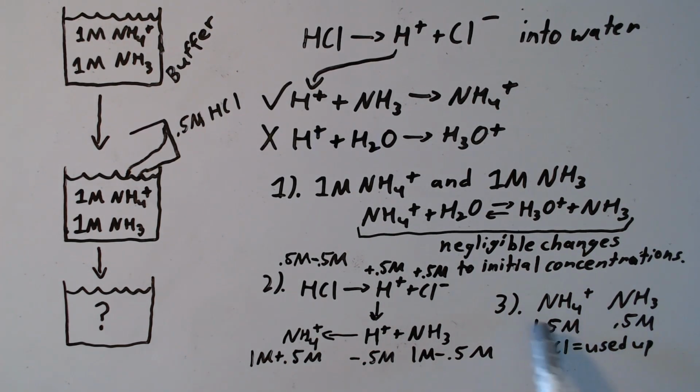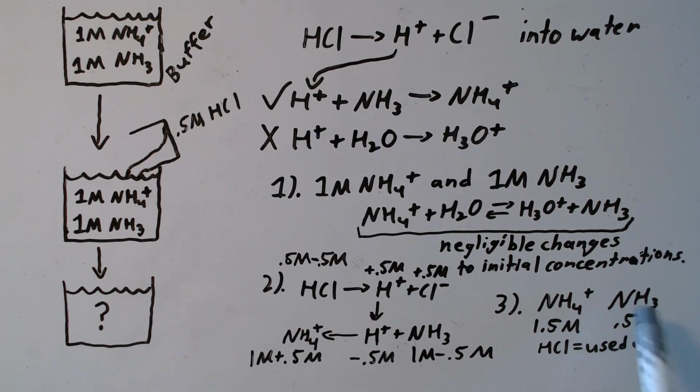Yes, because more NH4 plus is now present, the pH slightly decreases. But because it's such a weak acid, even though there's more of it present, it doesn't really lower the pH by as much as the HCl by itself would if it was allowed to act without any of these present.